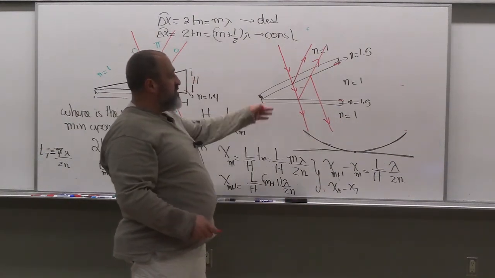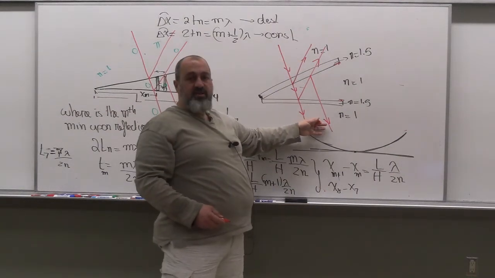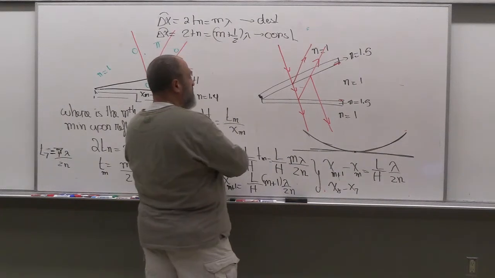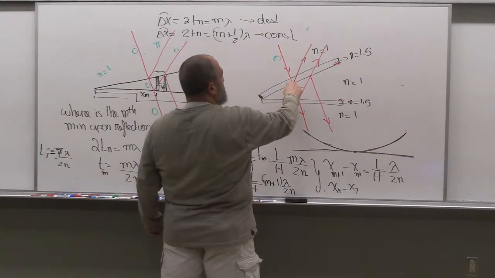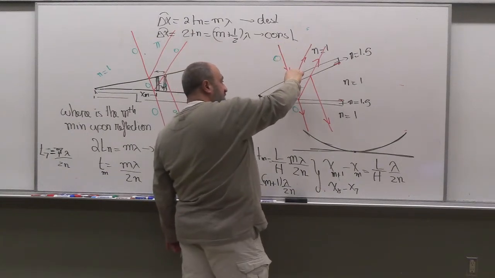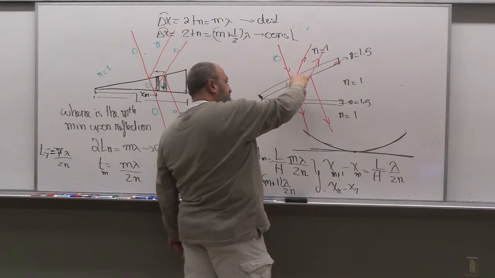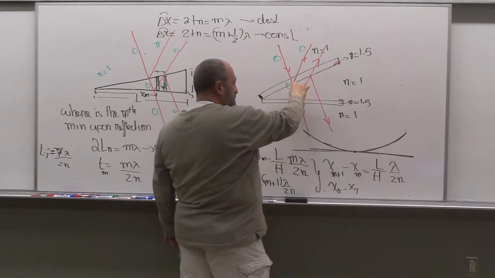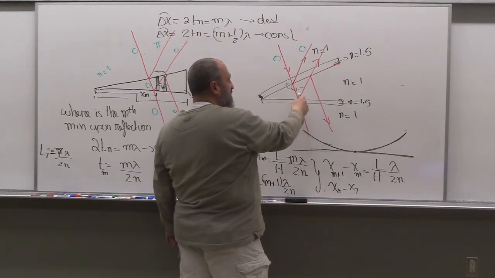What condition am I going to use upon reflection? What condition am I going to use upon transmission? Let's say that this had a phase of 0, and the phase of 0 is continued down. In the glass, going from glass to air, there's no phase slip, that's a 0. Down here we have air, glass, air, glass, air.